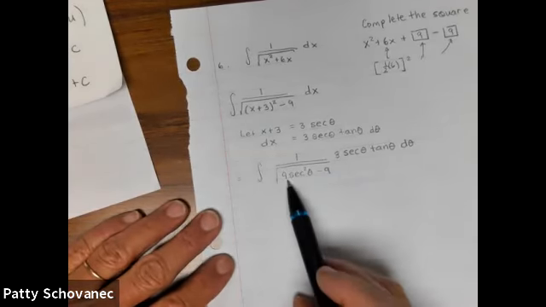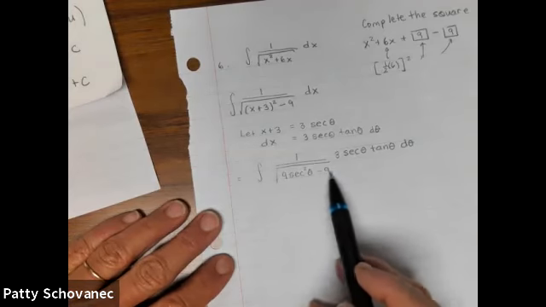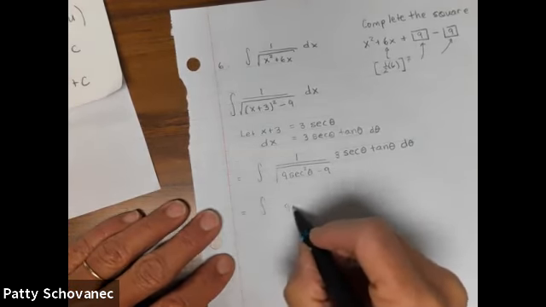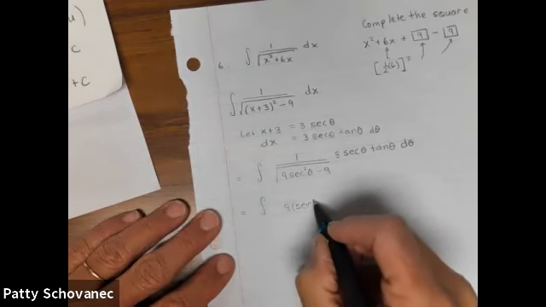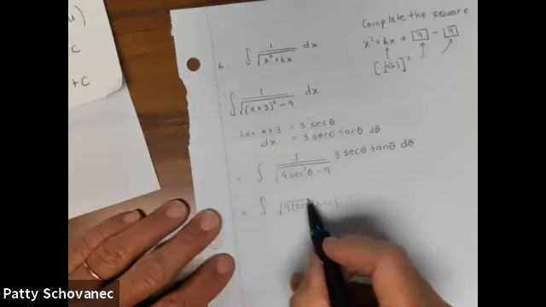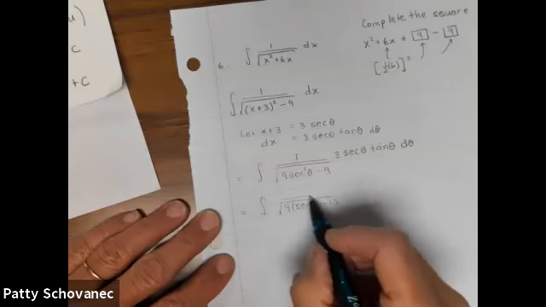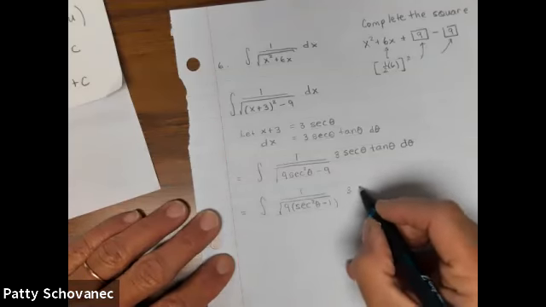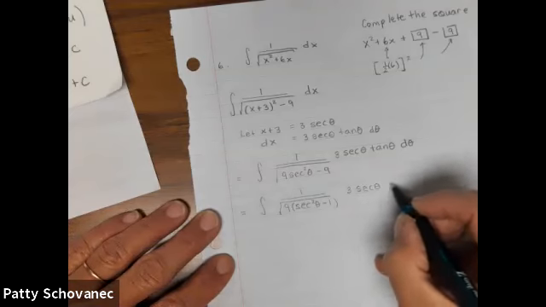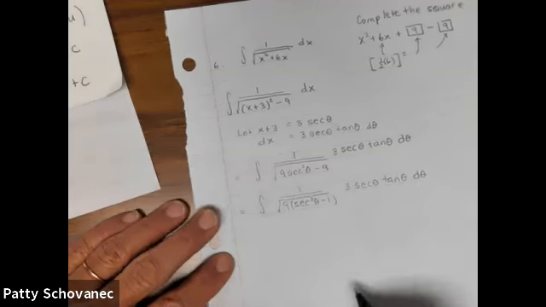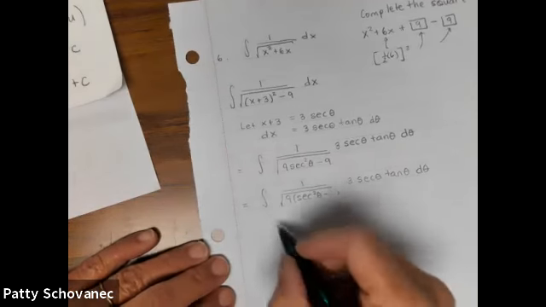Now here's where we factor out the 9, and our second factor will be secant squared minus 1. That's our trig identity. 9 times secant squared minus 1 is going to give us 9 times tangent squared. So let's put 9 tangent squared down here.